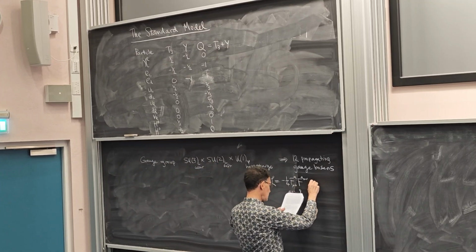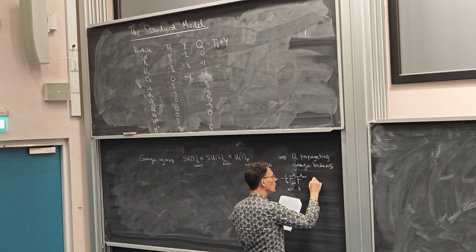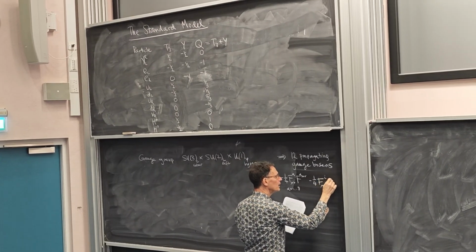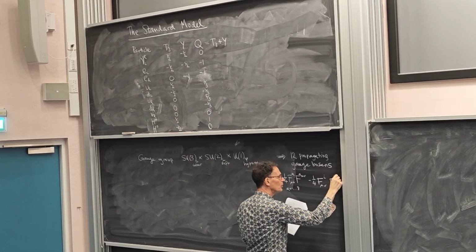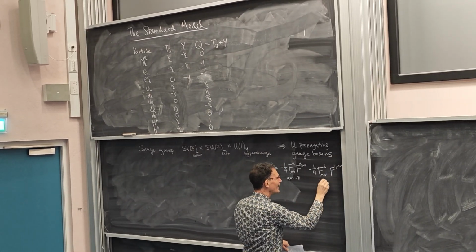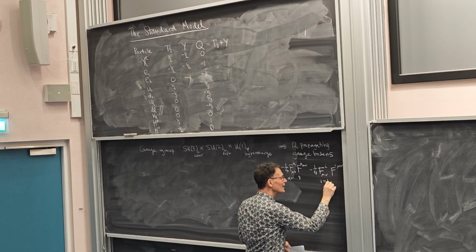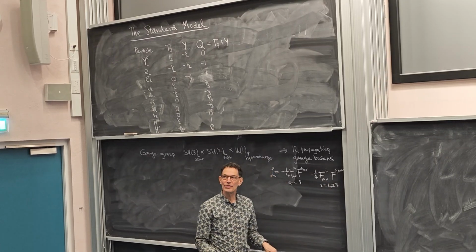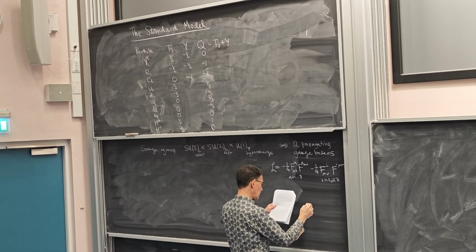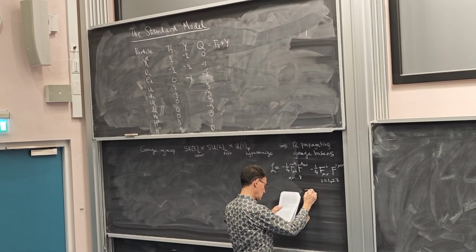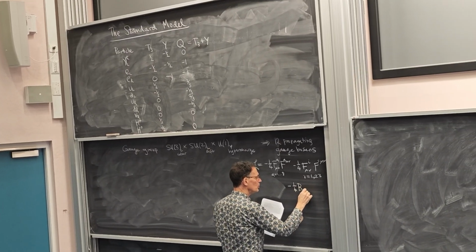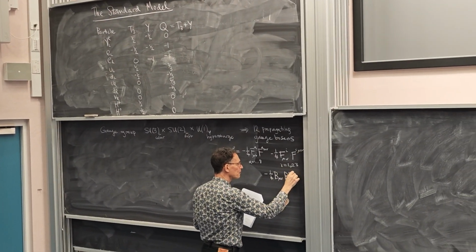And then we have minus 1/4 F_μν^I F^Iμν. It's not very imaginative. I equals 1, 2, 3. That's the SU(2), the weak bosons. And then we'll write the other one like this, minus 1/4 B_μν B^μν.